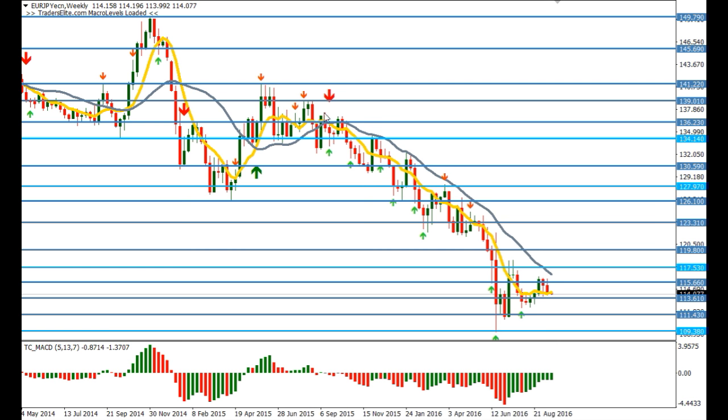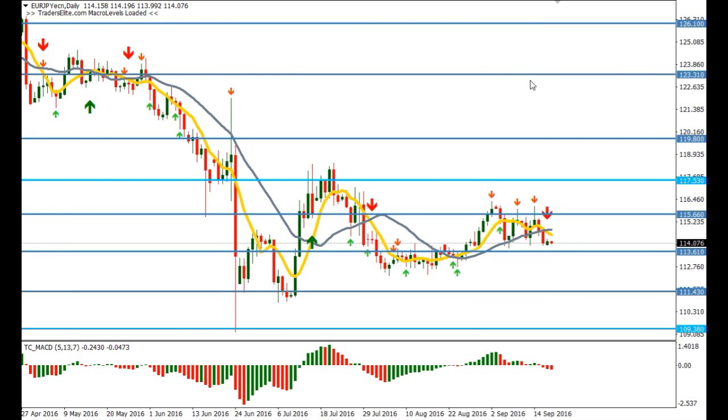Again, we're seeing quite a significant move on the weekly charts since April 2015, so about a year and a half. And on the daily, it's not very confident, is it? It's not a strong one, and we would need to see a fall and a close below 113.61.